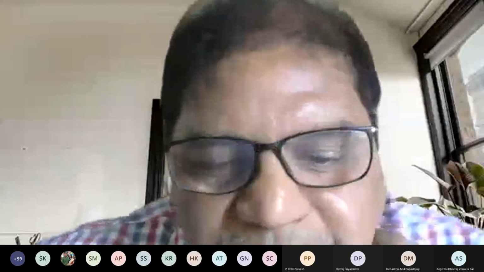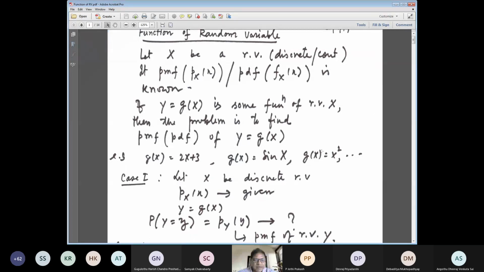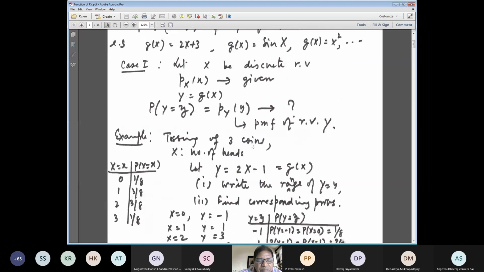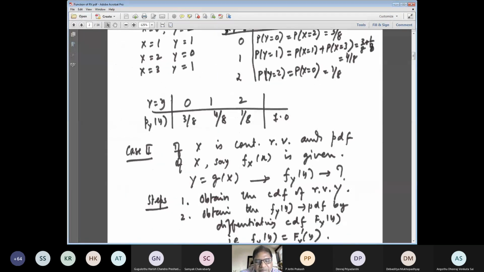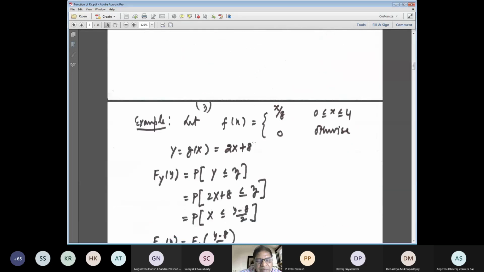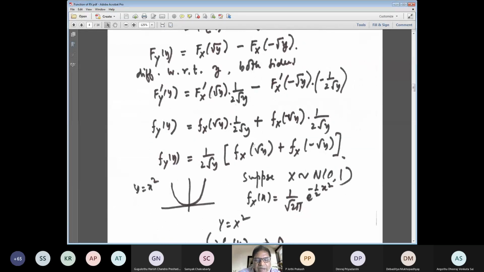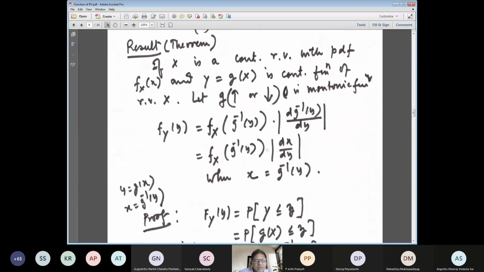So I was just summarizing what I did yesterday: you have a random variable X, and you have to find the PDF or PMF of a new random variable Y equal to g(X). I took two examples for the discrete case and a few examples for the continuous case. Ultimately, there is a result which can be directly used, given in the form of a theorem.